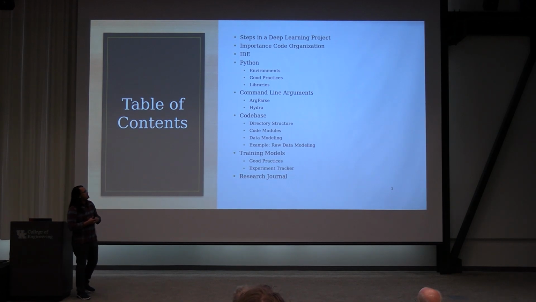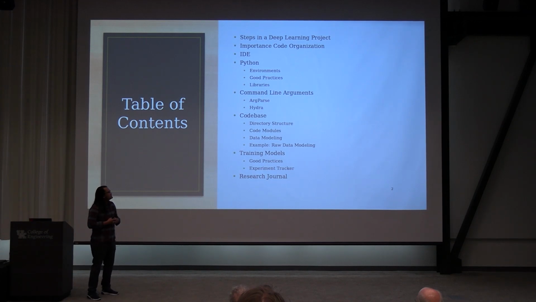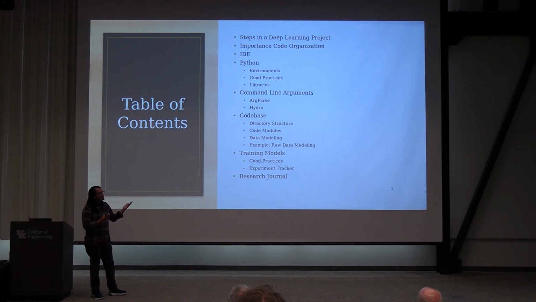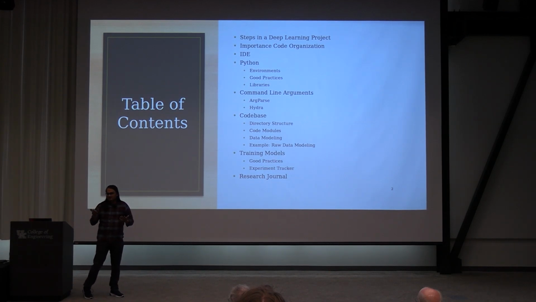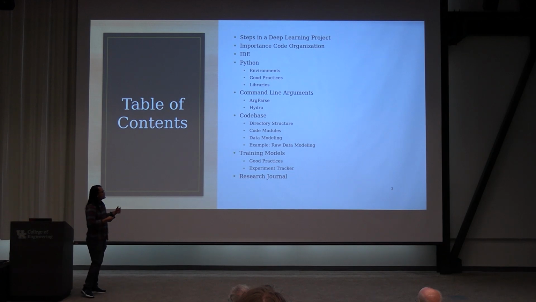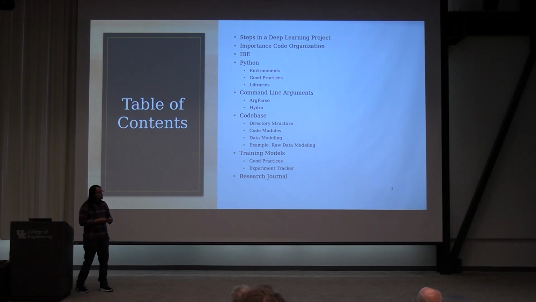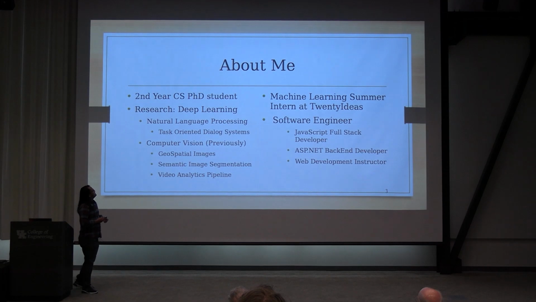Moving forward, we talk about the codebase, how to organize your directories, the code modules, how to model data. I'll show an example of how I model the data. And then we'll also talk about training deep learning models, some good practices that you should follow with your training. And then when you're doing multiple experiments, you need to track your experiments. So I talk about tracking experiments. And then at the end, I talk about keeping a research journal that will help in the whole process. Okay? So let's start.